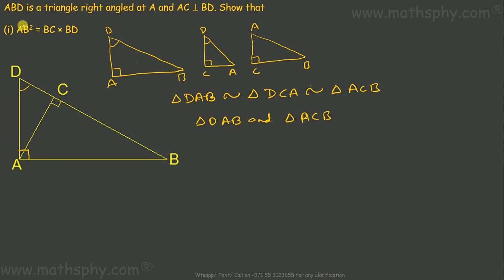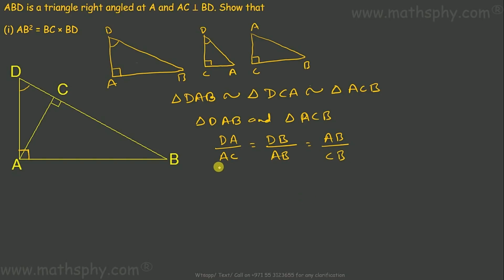Okay. I have AB square equals to BC into BD to prove. BC is in this triangle, BD is in this triangle, and AB is in this triangle. That is why I have taken this and this triangle. Ratio of corresponding sides would be equal. So I'll write DA over AC would be equal to DB over AB will be equal to AB over CB.